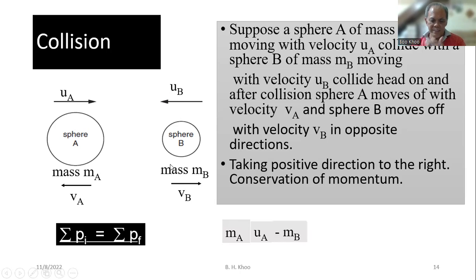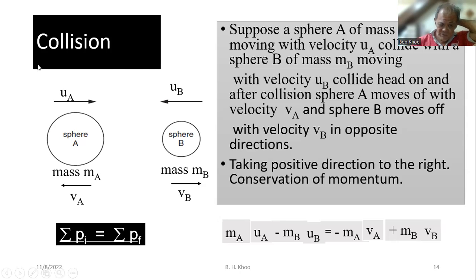Remember that negative sign there. It equals mass MA times VA, negative to the left, plus mass MB times VB. No matter what they give you, you should be able to write conservation of momentum.